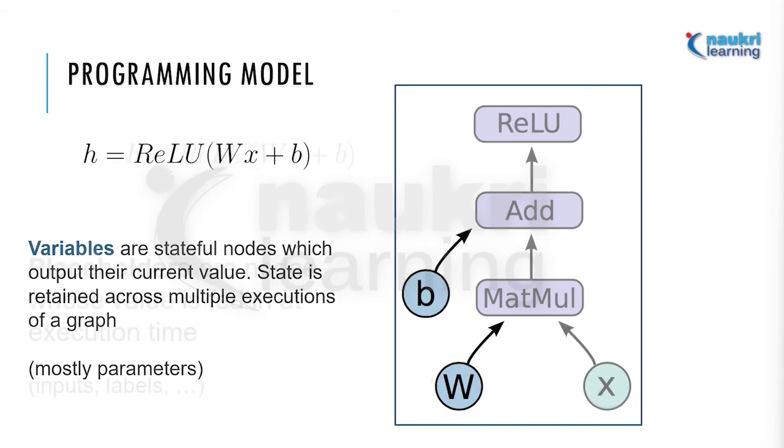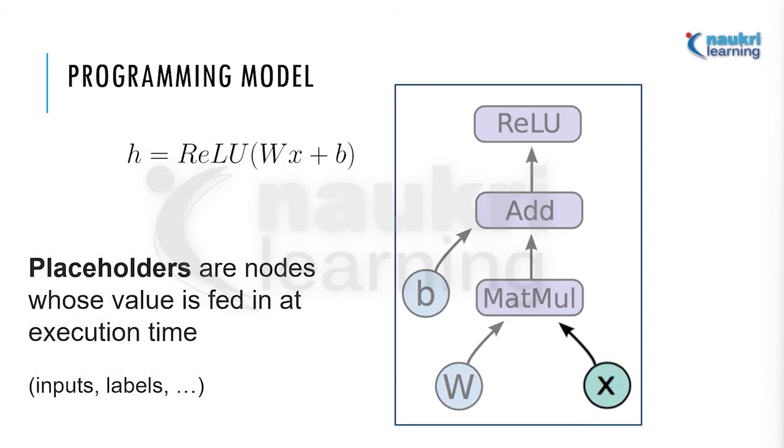Now apart from variables, we'll also be working with what we call a placeholder. Placeholders are nodes whose value is fed at execution time. Here in this scenario, the X is called a placeholder.